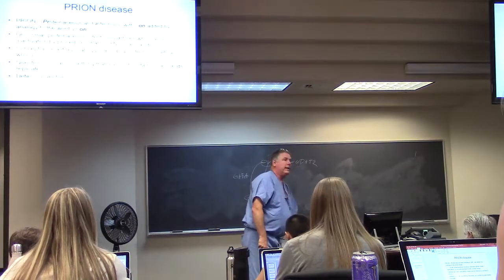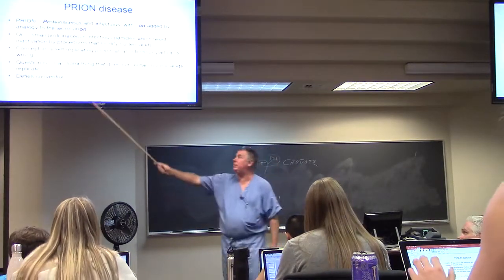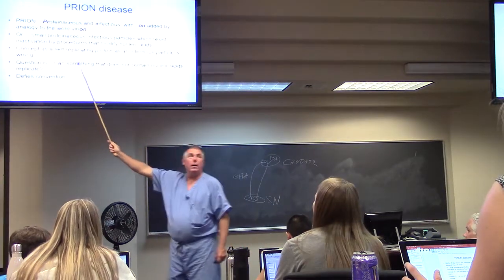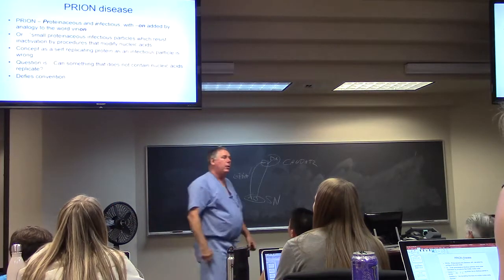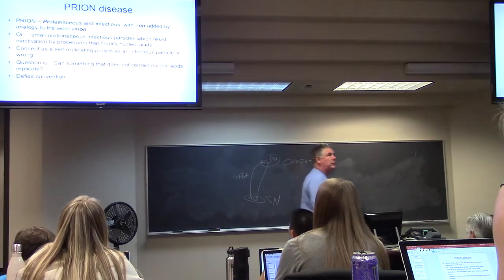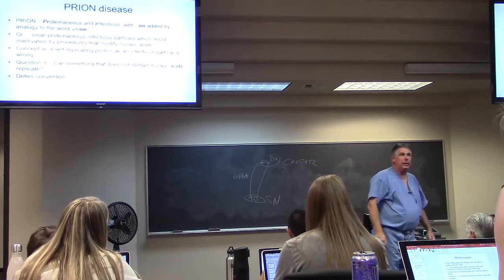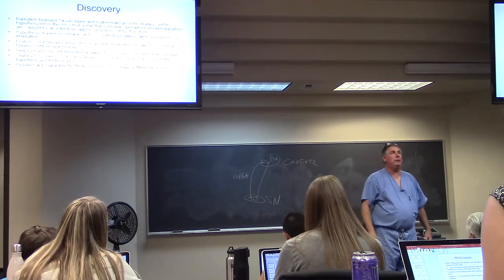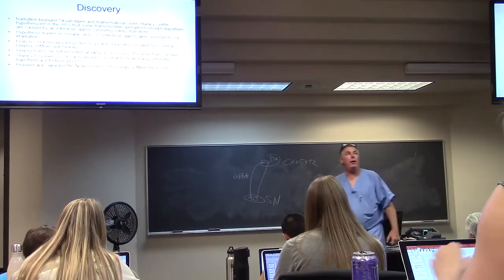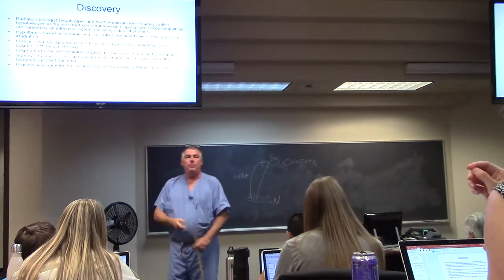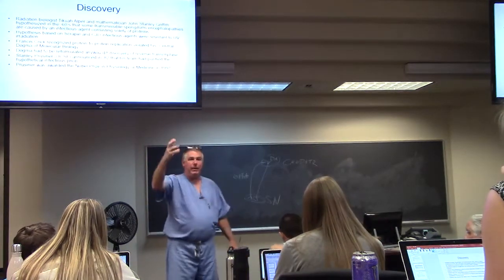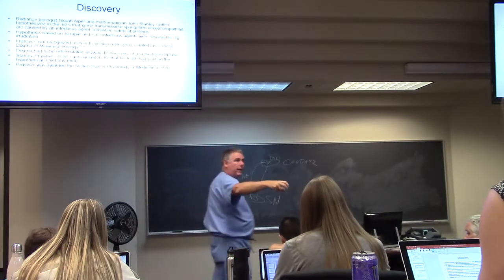The thing about this is that the concept of the self-replicating protein is wrong. The question is, can something that does not contain nucleic acids replicate? It defies convention. By defying convention, we're talking about the central dogma of molecular biology, which says that in order to get a protein, you have to have DNA that codes an RNA that codes protein.